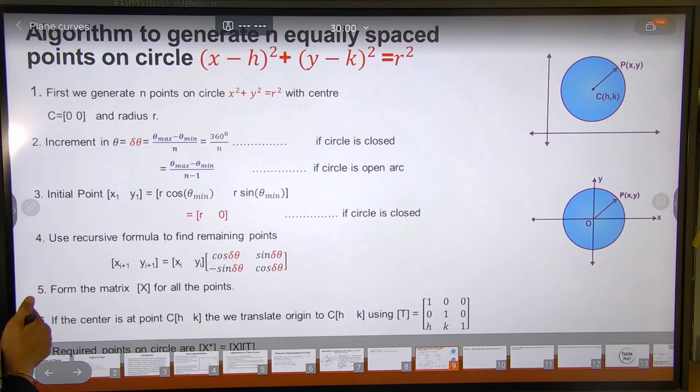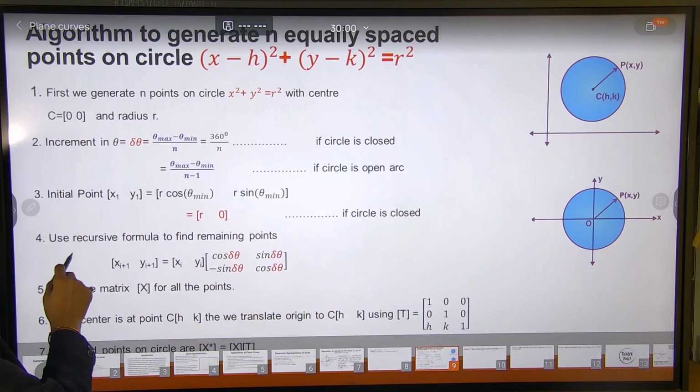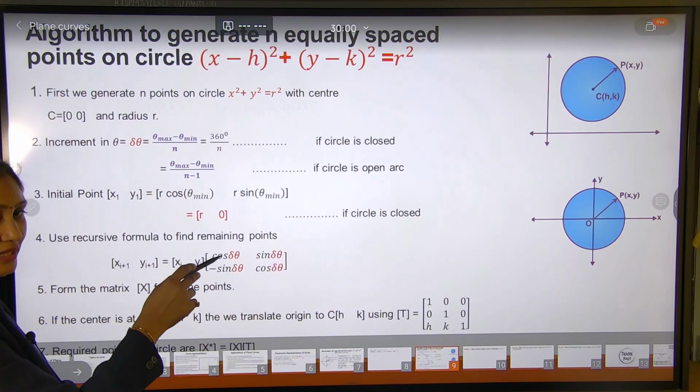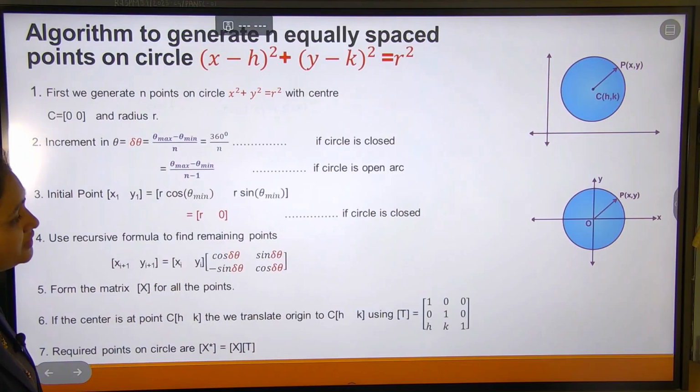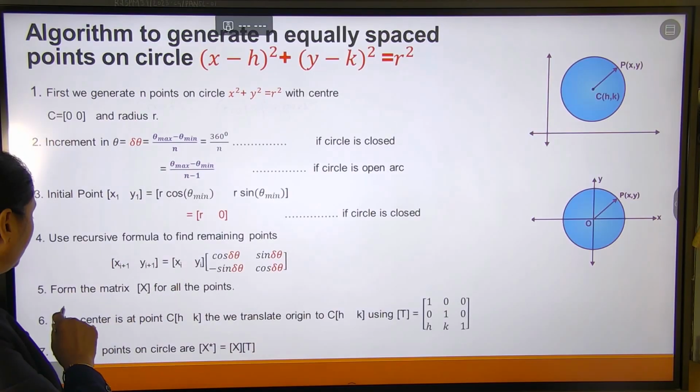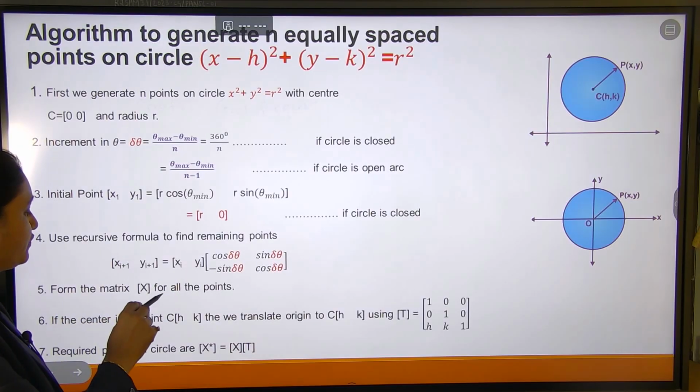Then next, use the recursive formula to find the remaining points. So we use the recursive formula just generated, then form the matrix X for all the points.